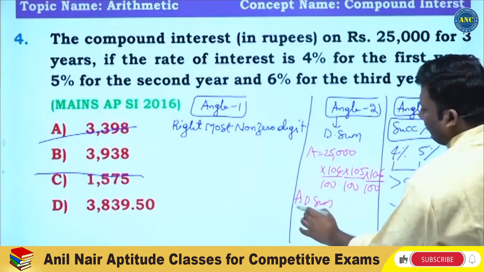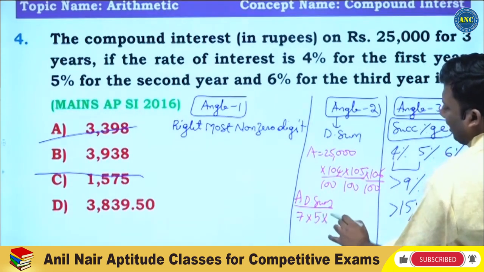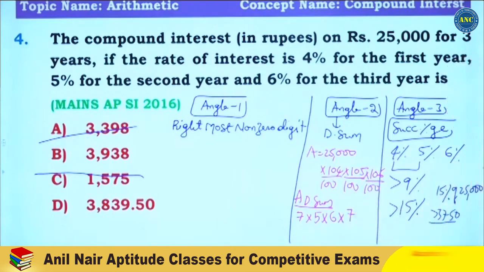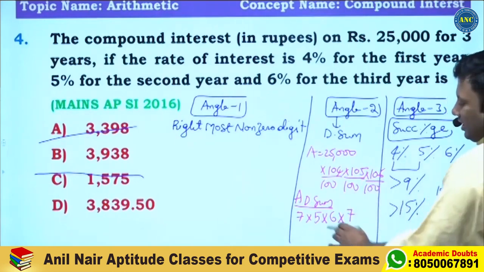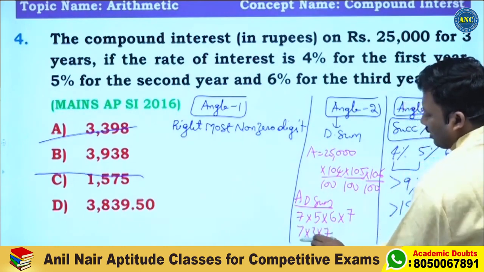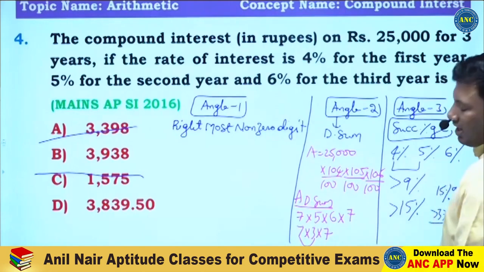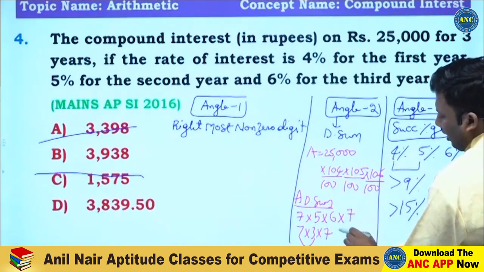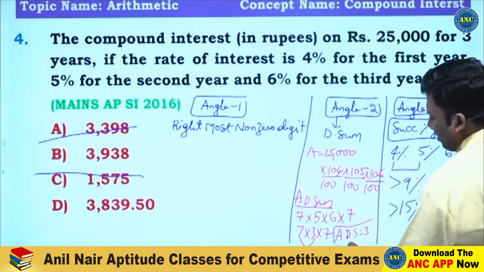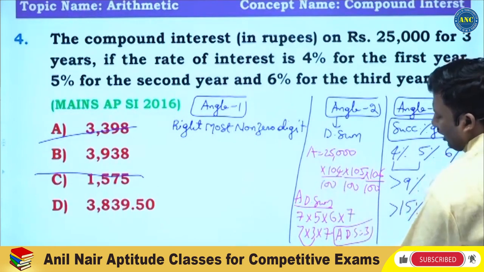The principal digital sum is 25,007. For 104 it is 5, 105 it is 6, 106 it is 7. 6 5s are 30, digital sum 3. Into 7, 7 3s are 21, digital sum 3. So the amount digital sum is 3.